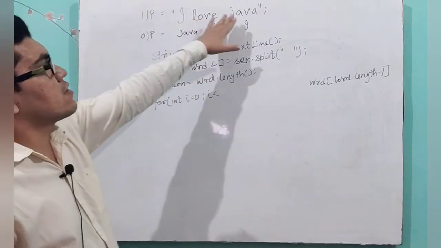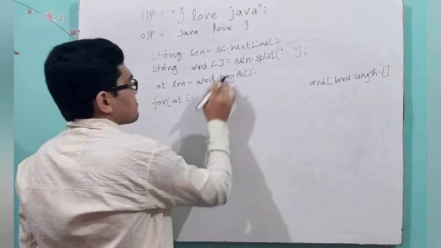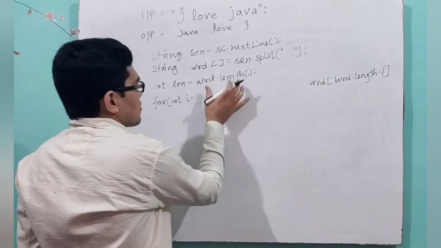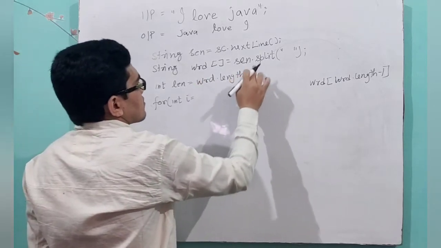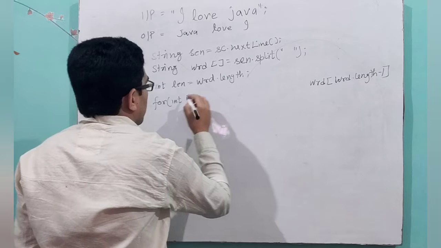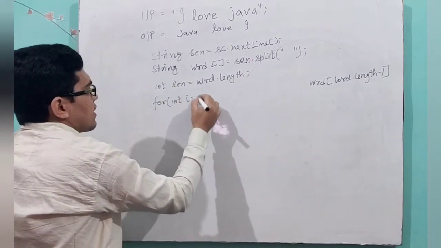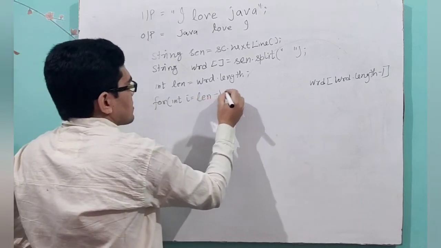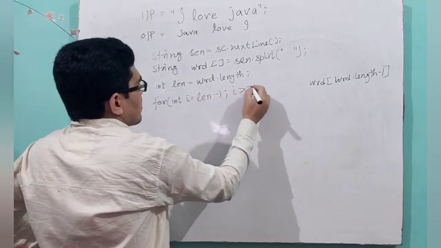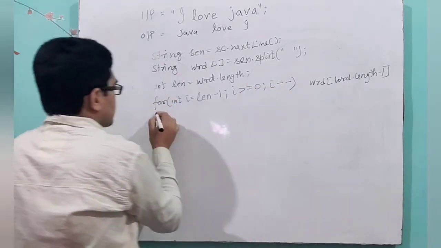we have to print the last word first. So we have to run the loop from wrd dot length minus 1. No need to put parenthesis here. So int i is equal to len minus 1, i goes up to 0, and i minus minus.